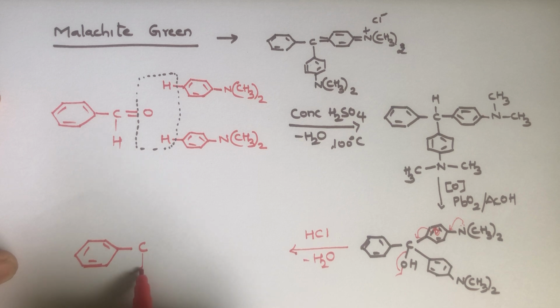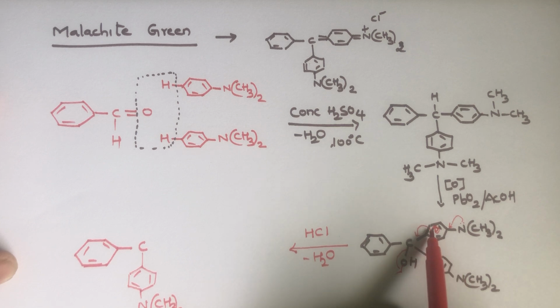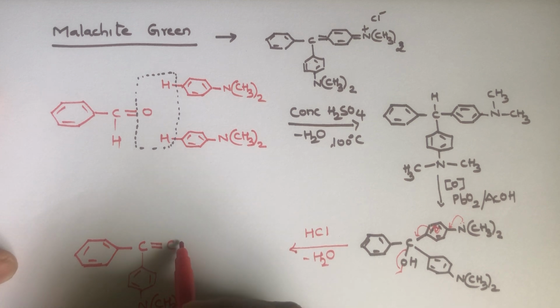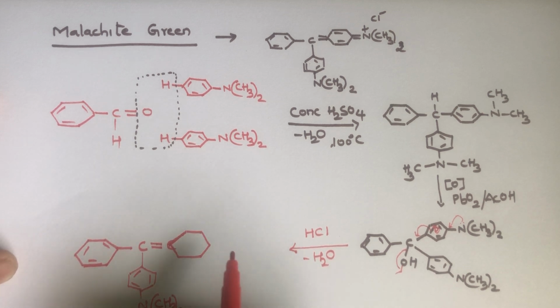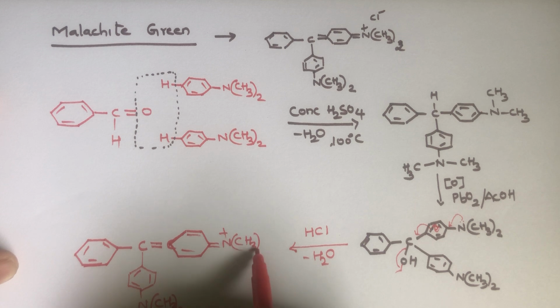It is N CH3 twice. So this double bond has shifted here, so there will be a double bond, and with a benzene, this benzene part will be there. Double bond N plus CH3 twice.